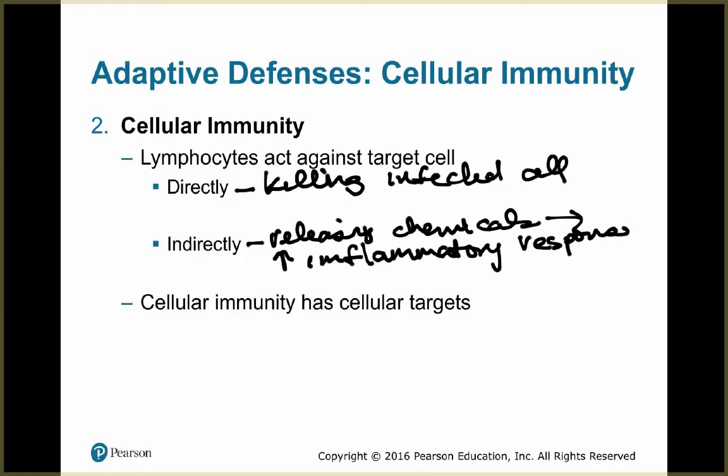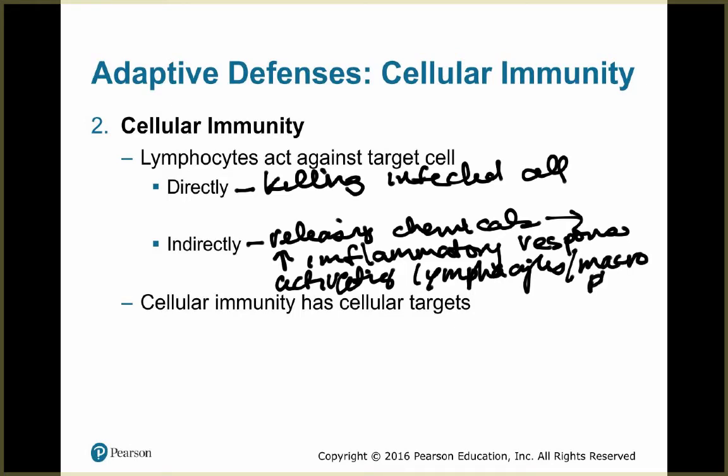Or they can act indirectly by activating other lymphocytes or macrophages. And here, the cellular immunity actually has cellular targets.